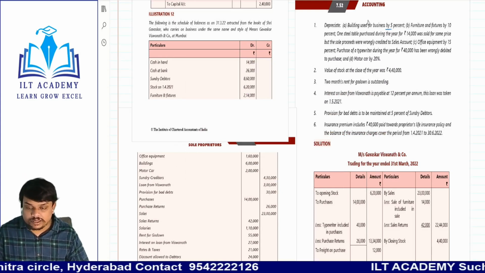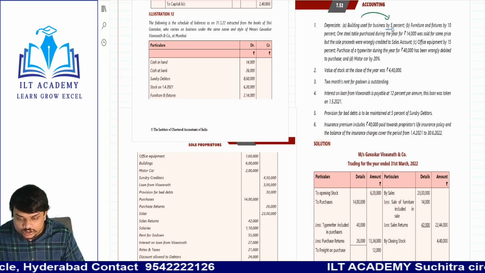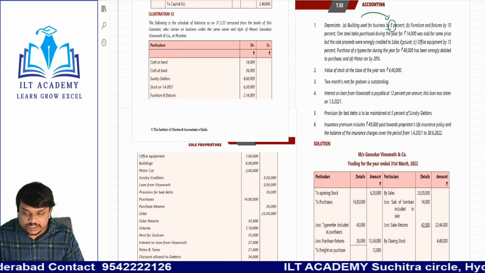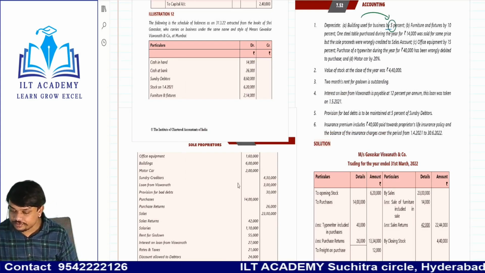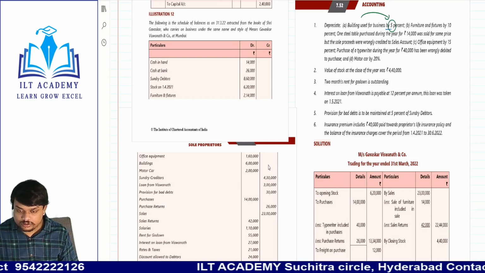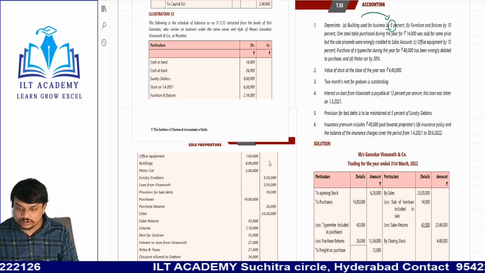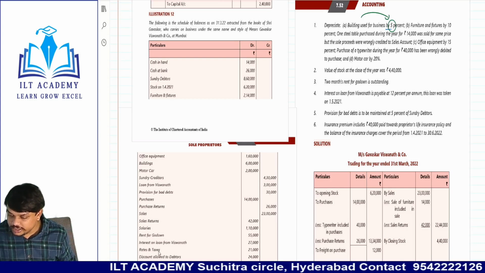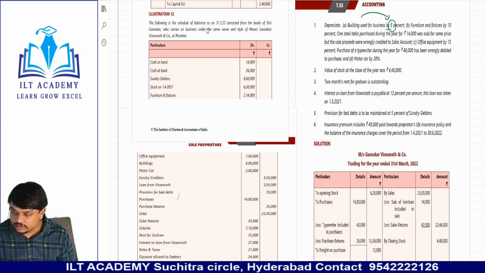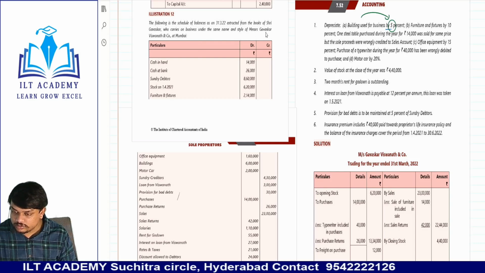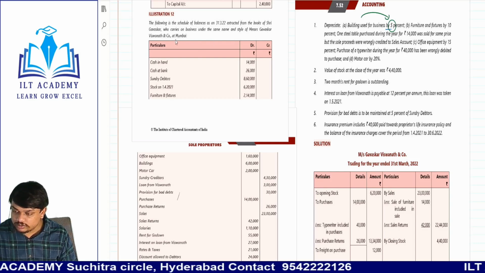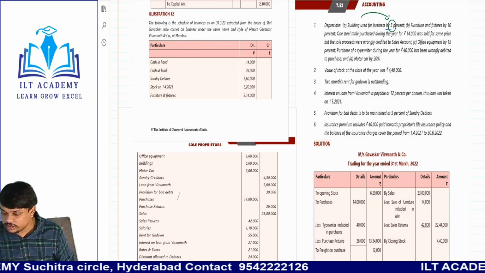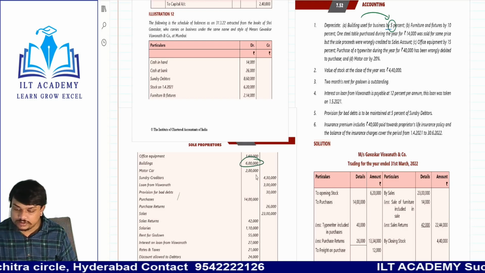Now let us start this sum. Depreciation on building used for business at 5%. Building is 6 lakhs.